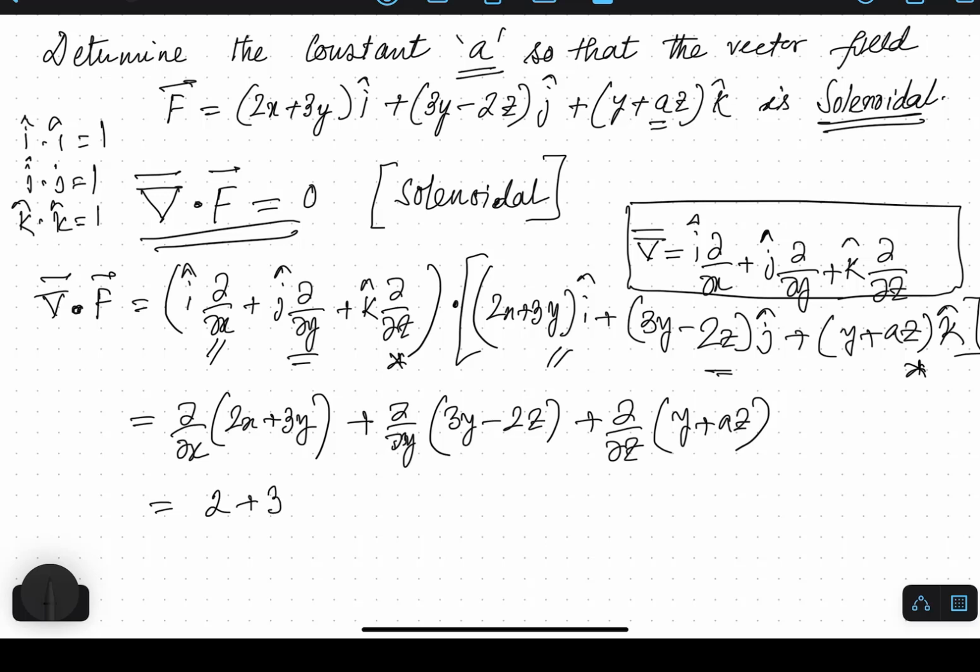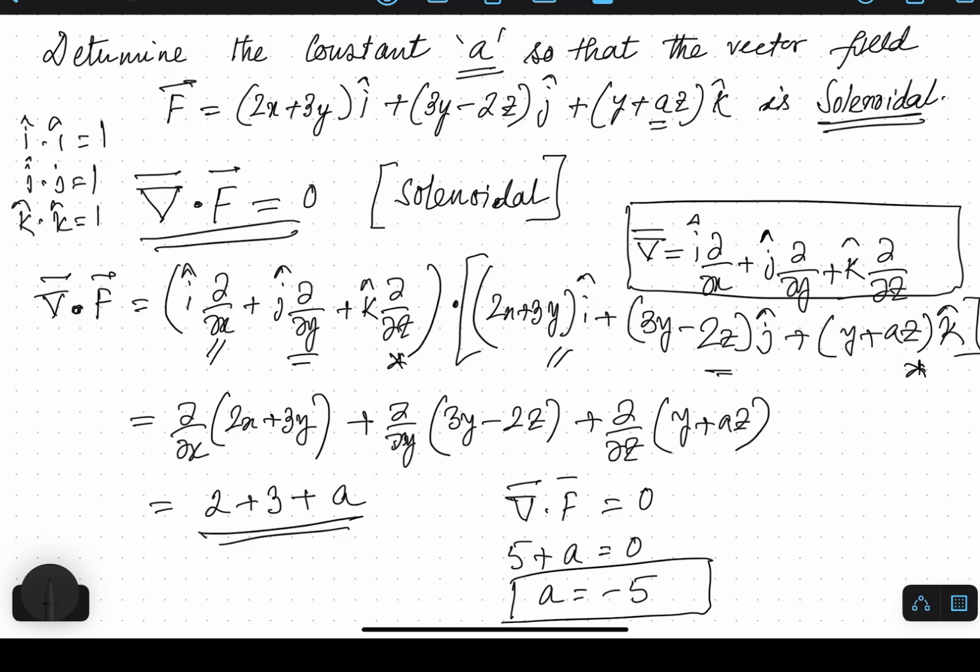And del z of y plus az gives a. And this value, the divergence of F, should be 0 for a solenoidal field. So I have 5 plus a equal to 0, or a equal to minus 5. So that's the value of a which was to be determined.